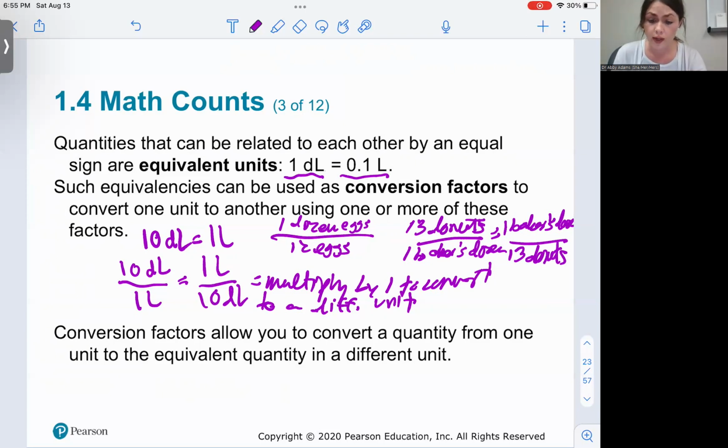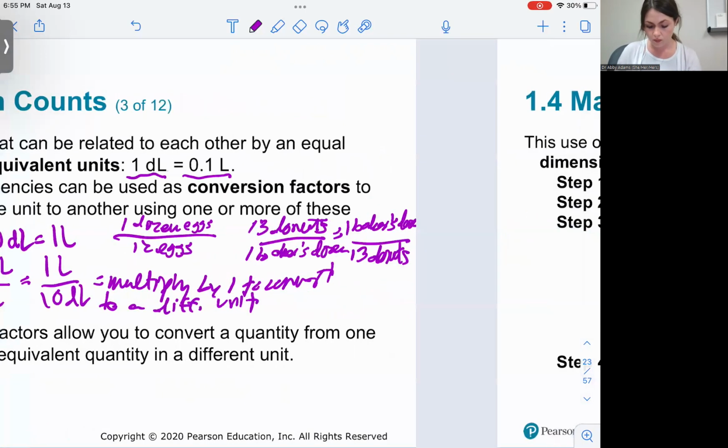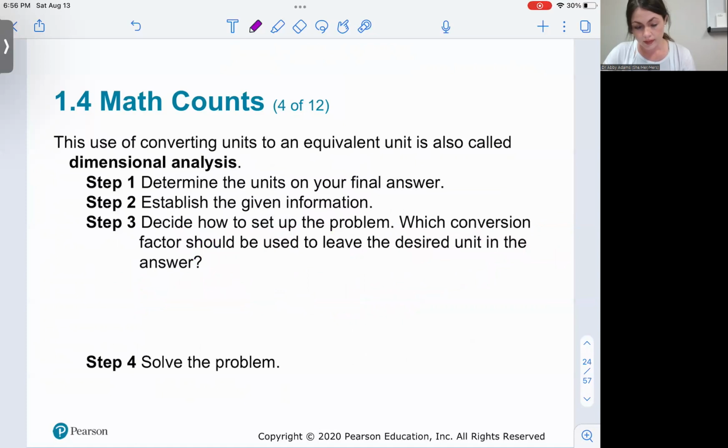Conversion factors allow you to convert a quantity from 1 unit to the equivalent quantity in a different unit. And this whole relationship that we've been talking about is referred to as dimensional analysis. Remember, keep your definitions straight. You never know when you're going to have multiple choice or matching on the test.